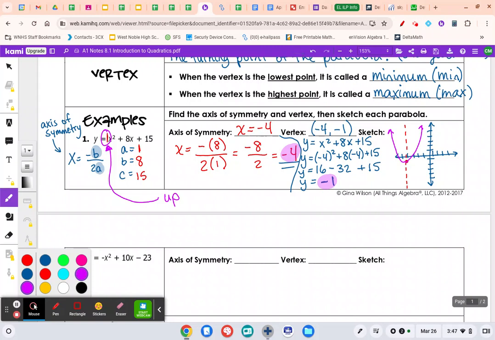Okay, I'm going to draw in a little pro tip down here. If you are plugging in, put the number in parentheses.